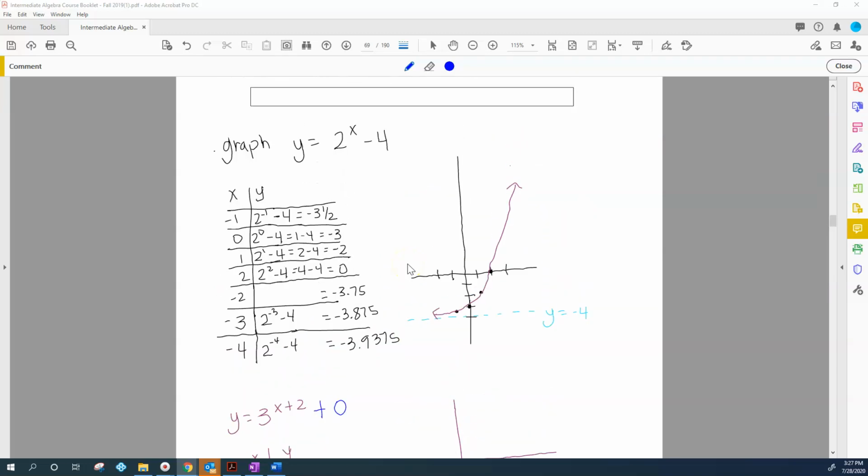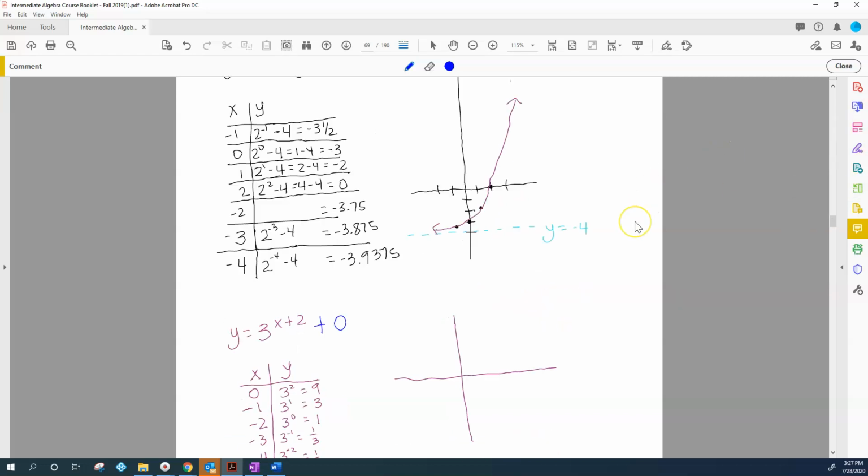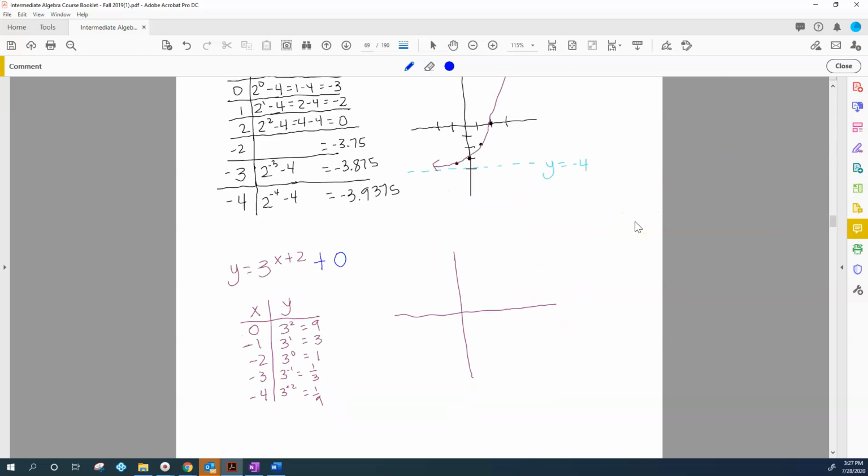Remember I said this minus 4 part was telling us where that asymptote was going to be. But we don't have one of those on this one, so that means my asymptote is just at the x-axis. It is here at y equals 0. It's getting really, really close to it, but never going to touch it.